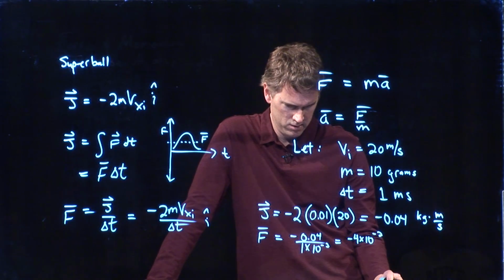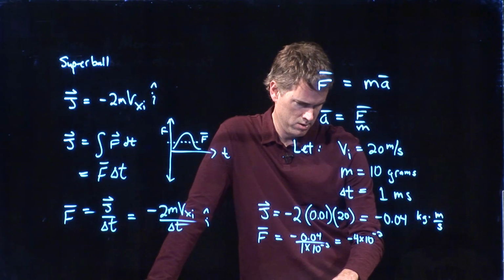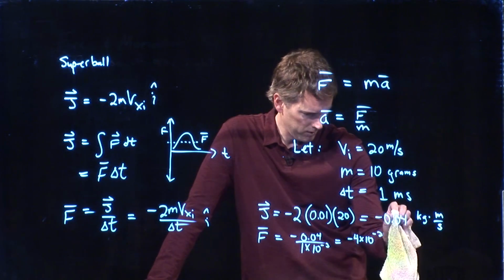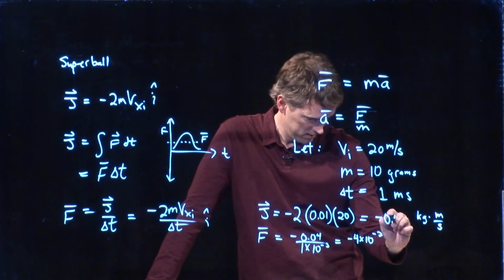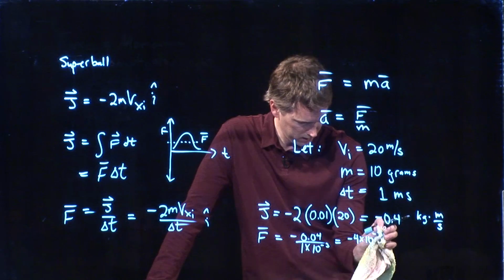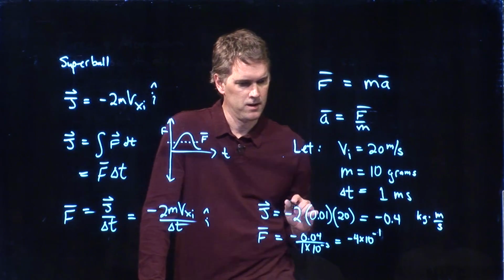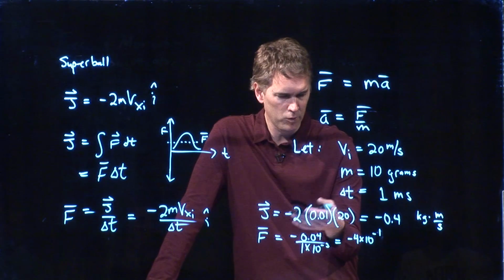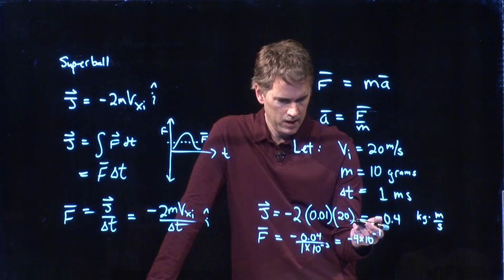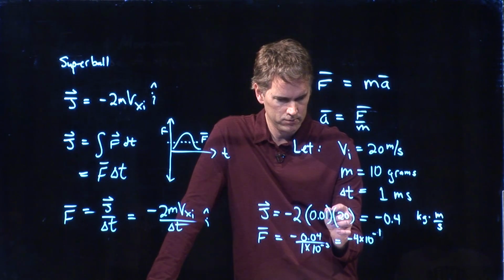Did we do that right? This should be 0.4, right? You guys got to double check my math. That should be 0.4, and this should be 10 to the minus 1. Right, because we've got 2 times 20, that's 40 times, so that's 4 times 10 to the 2. And then we're going to do a 10 to the minus 2.